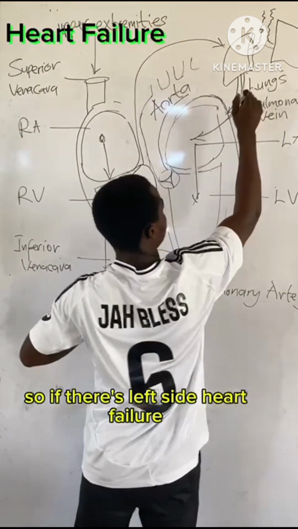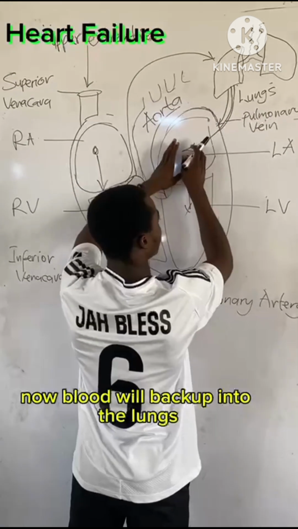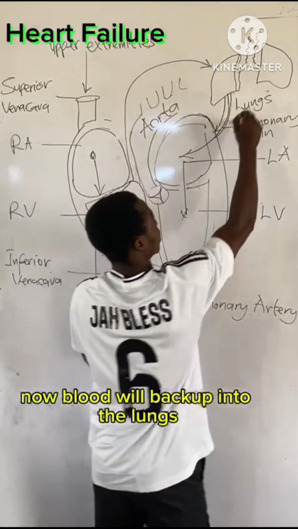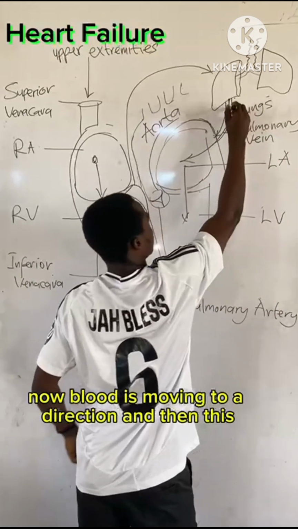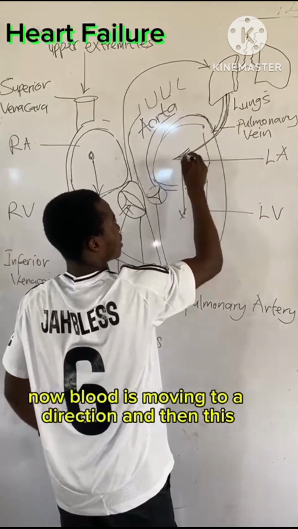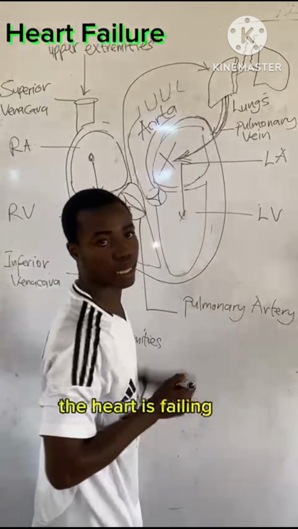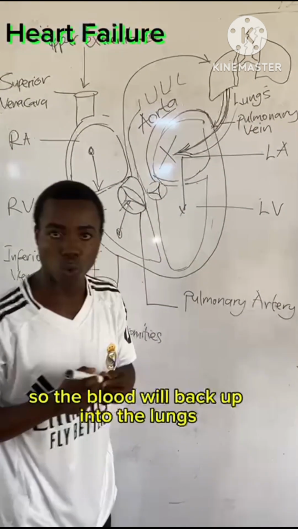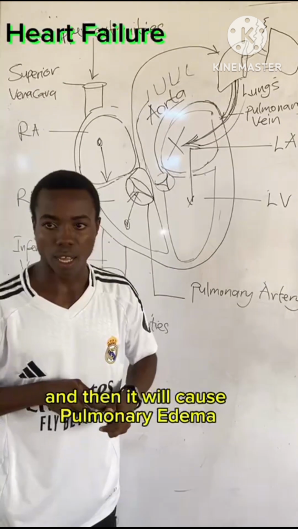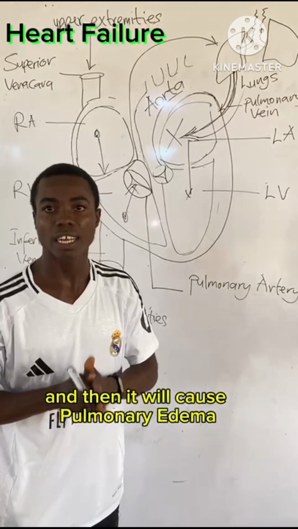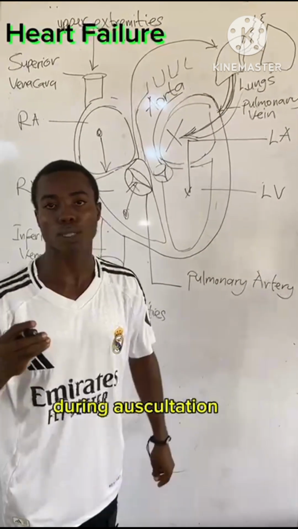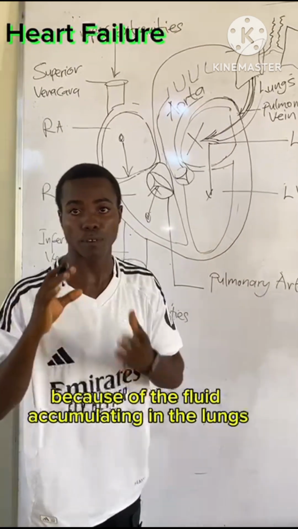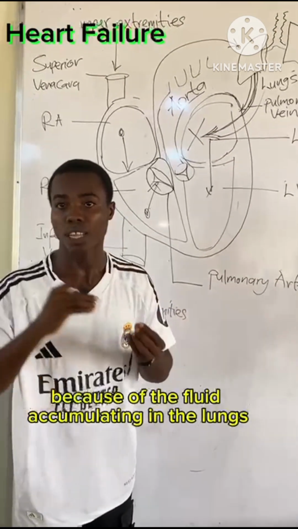So if there's left-sided heart failure, blood will back up into the lungs, and then it will cause pulmonary edema. During auscultation, you are going to hear a crackle sound because of the fluid accumulating in the lungs.